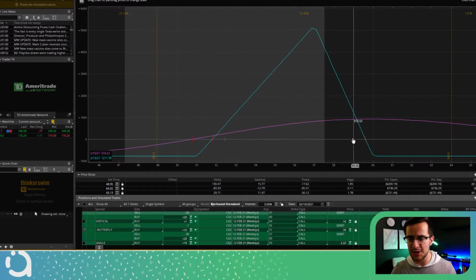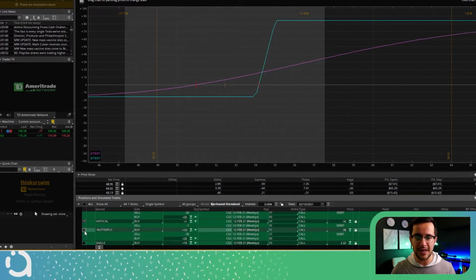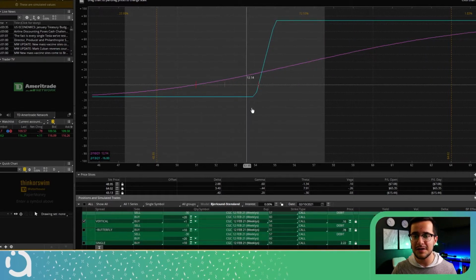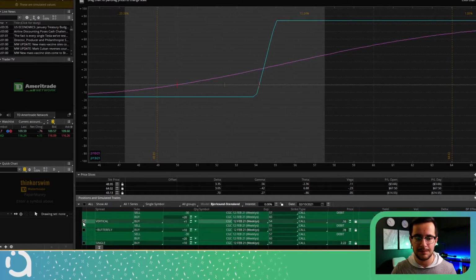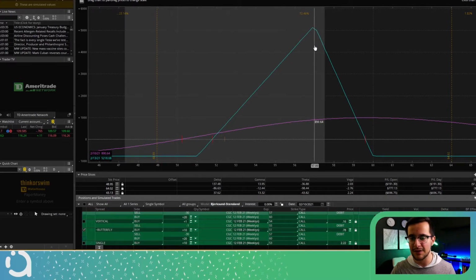Looking at this position though, it offers a pretty different payoff graph from the vertical we looked at before. With the vertical, if the stock went above $55, we were guaranteed our max profit, and that was at a 1-to-4, 1-to-5 risk reward. With this butterfly though, we can see that if the stock goes up to $56 or $58, we're going to make a ton of money, but we actually start to lose money if it goes up beyond $56 or $57.